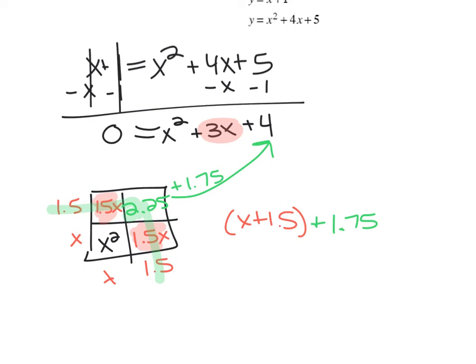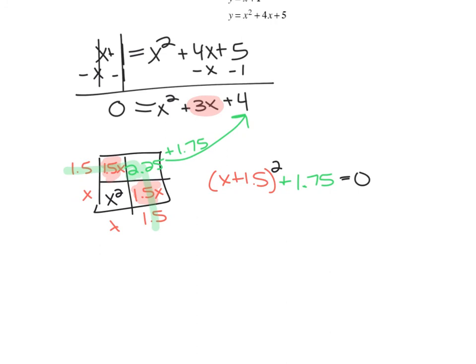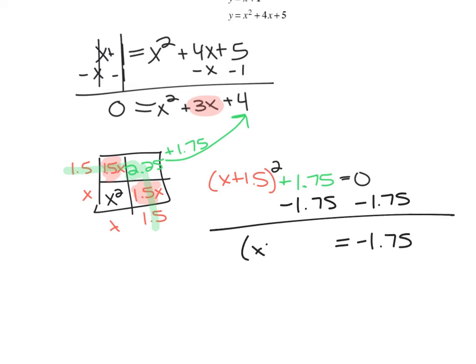And then our original equation, now that we're trying to solve, was equal to 0. I missed the squared. This process was complete the square, but we still need to solve for x. So to continue completing the square, we have to minus the 1.75 on both sides. Negative 1.75 is equal to x plus 1.5 squared.